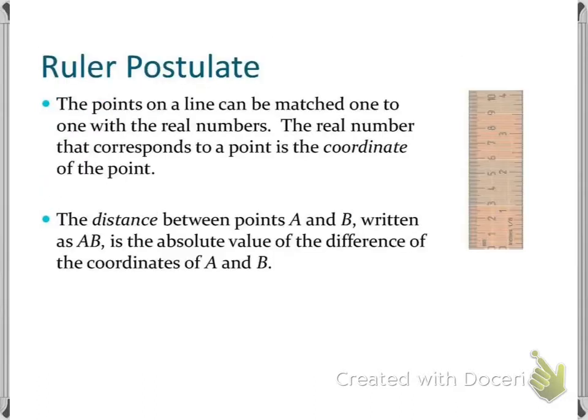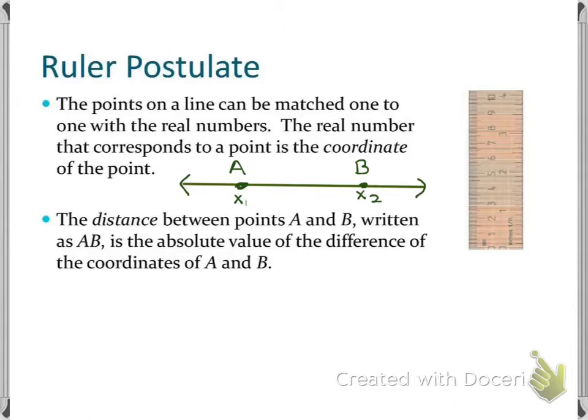So, our first postulate is the ruler postulate, and this allows us to measure with a ruler. And so it says the points on a line can be matched one-to-one with real numbers. The real number that corresponds to a point is the coordinate of the point. So if we think about having a line here, a number line, and let's say I have a couple points, A and B, and I was to take a ruler and set it down, I could give coordinates to those points.